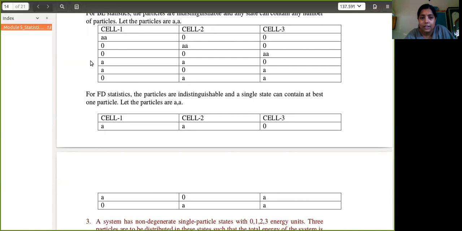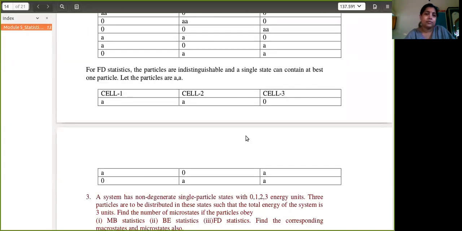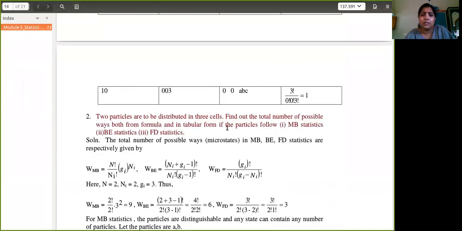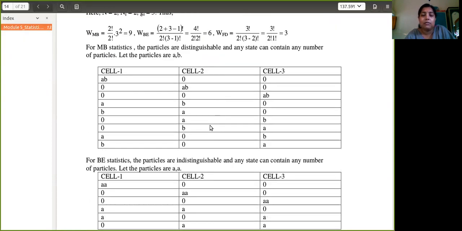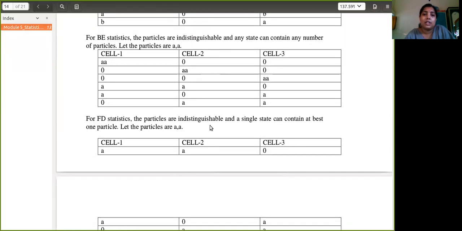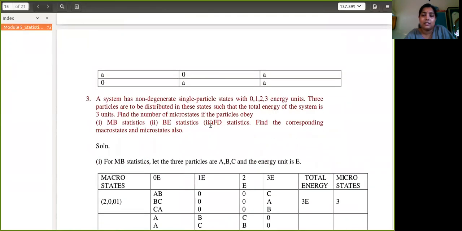We will have only the last 3 states: cell 1 has A, cell 2 has A, cell 3 has 0; cell 1 A, cell 2 0, cell 3 A; cell 1 0, cell 2 A, cell 3 A. Thus, you can get the number of possible ways both from formula and from tables in the case of Maxwell-Boltzmann, Bose-Einstein and Fermi-Dirac statistics. Now we move on to the third problem.